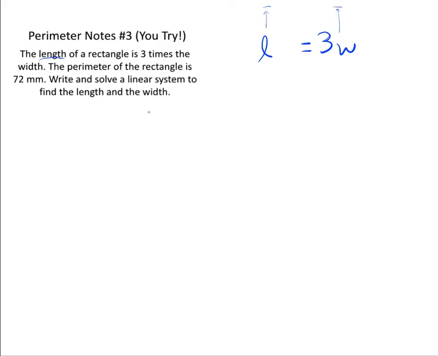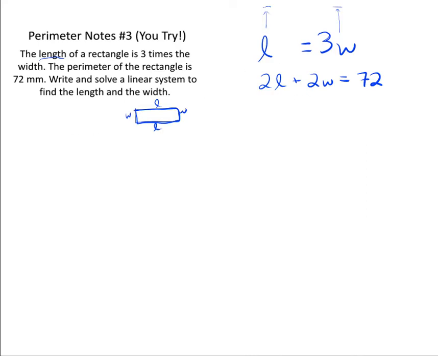So now the perimeter, this is the other spot where, oh, notice how I went around to make my rectangle, is I had a width and a width, a length and a length. So that helps me remember that it's 2 lengths plus 2 widths equals 72.